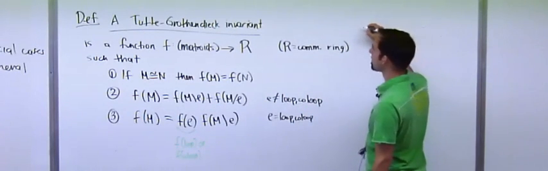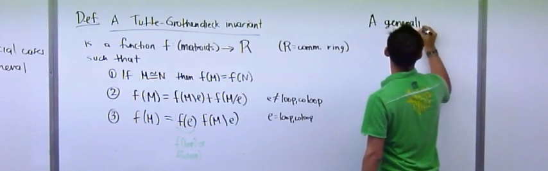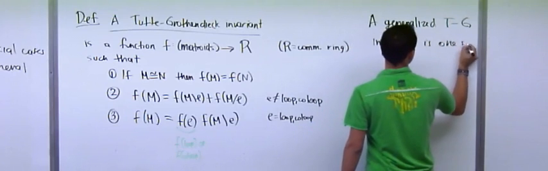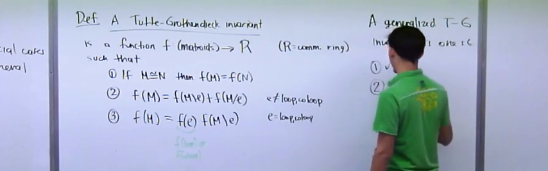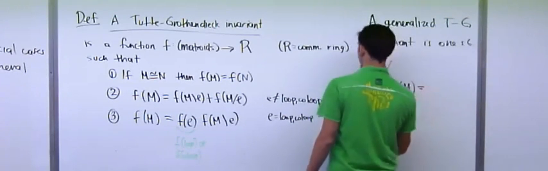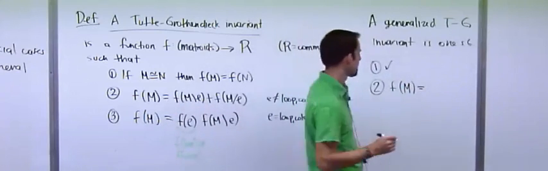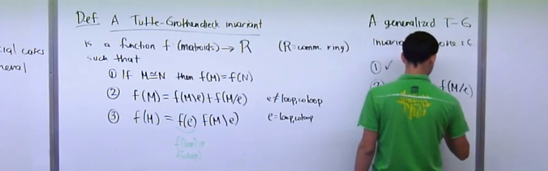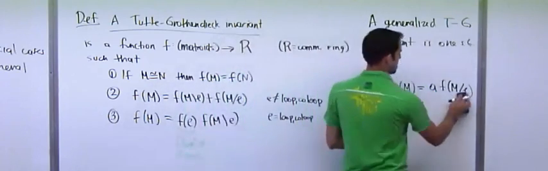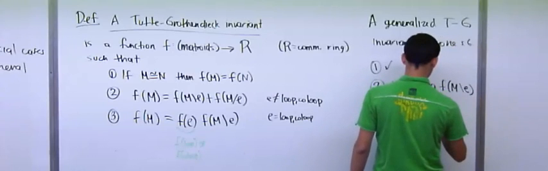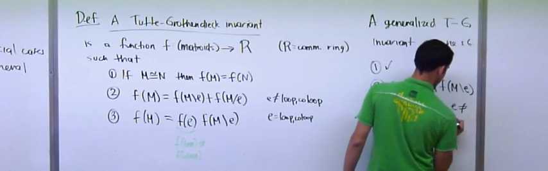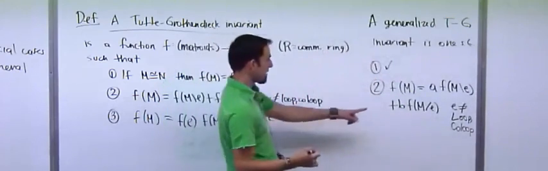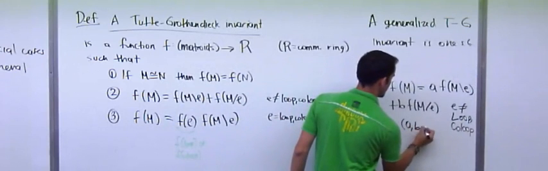And so a generalized Tutte-Grothendieck invariant is a function such that the first thing is true, the second thing is almost true, but you're just going to allow yourself to put some constants here, where A and B are constants in the ring.